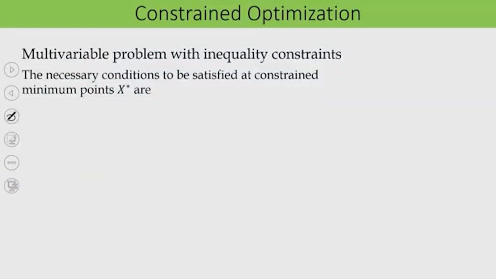The necessary condition to be satisfied at the constrained minimization point x star is this one: del f by del x i plus, for the active constraints, sum of lambda j del g j by del x i equal to 0, and then lambda j should be greater than 0.